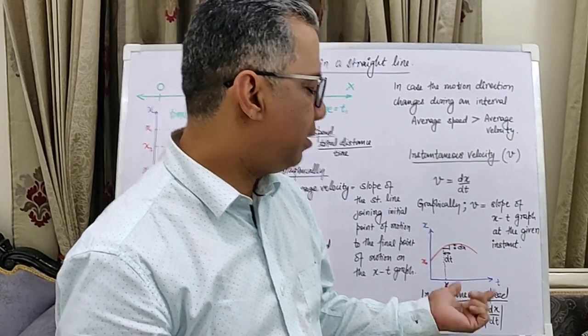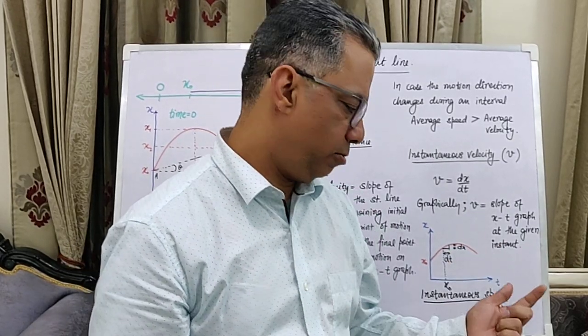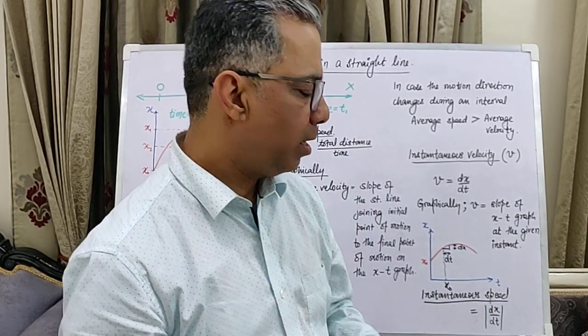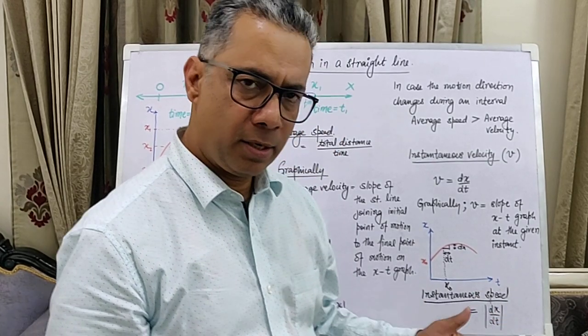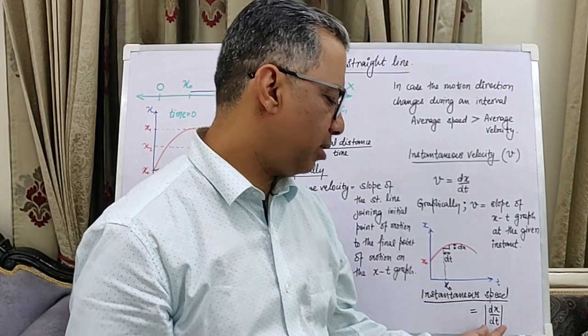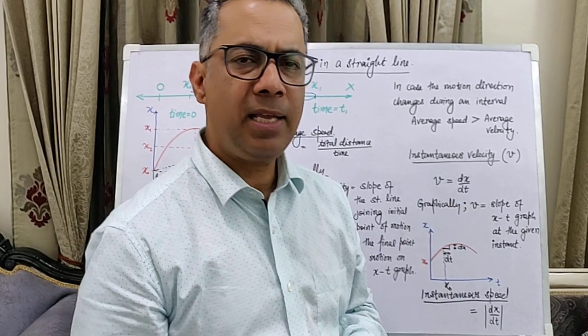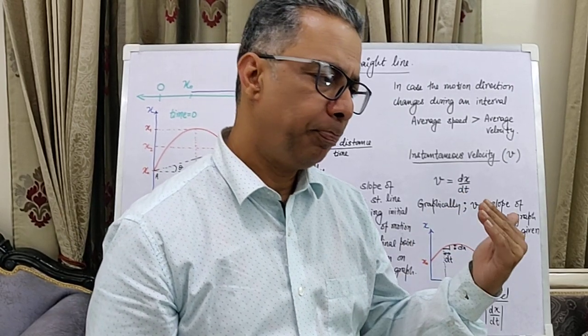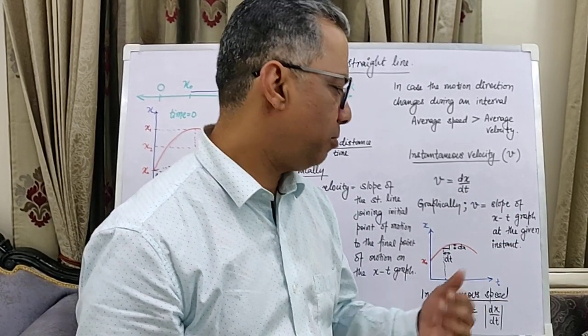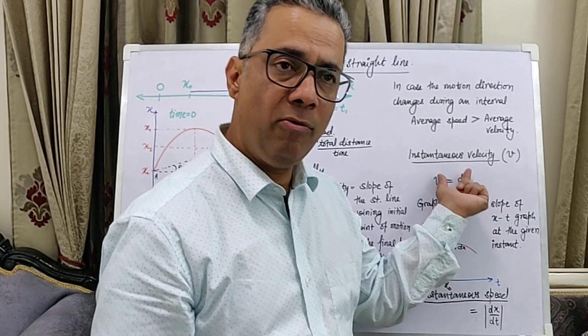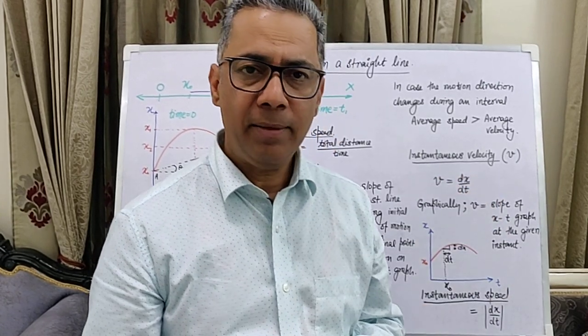So instantaneous speed is a scalar. We do not bother with direction here, so we do not have to show a sign, and therefore it's a mod, whereas instantaneous velocity has a direction in addition to a magnitude, so we always express it with a sign.